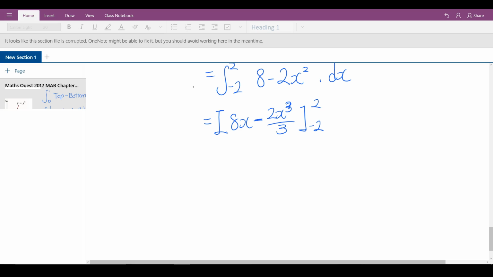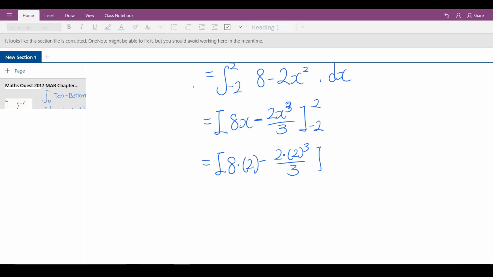So let's work it out. So 8 multiplied by 2 minus 2 multiplied by 2 cubed over 3, minus 8 multiplied by -2, and then minus 2 multiplied by -2 cubed over 3.